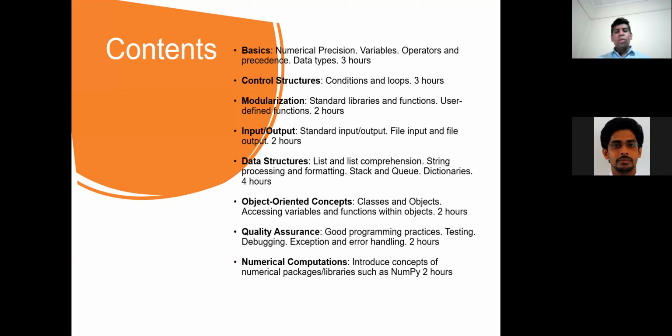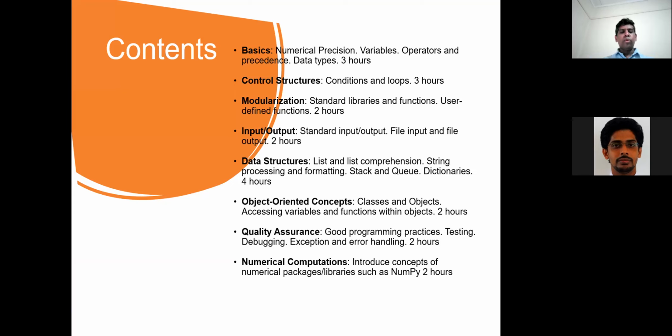Then we will look at control structures, like selections and repetitions, and what options are available in Python. Then we'll go to modularization, like writing your own set of Python functions, and then you can create your own custom modules.